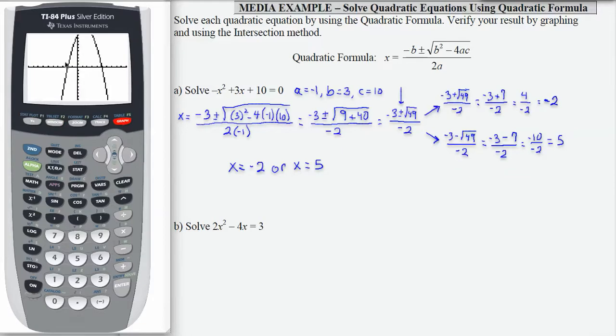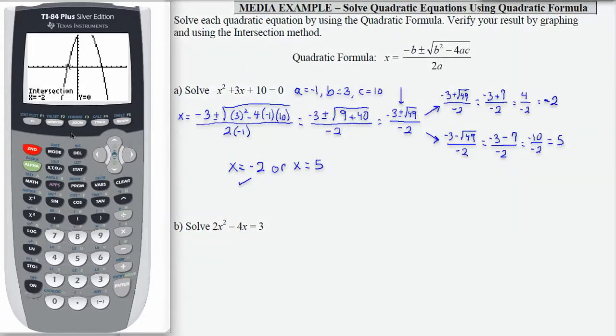I have a parabola that opens down, which is confirmed by the negative value of a. I'm going to use my second calc intersect to find one of my two intercepts. So here's a horizontal intercept at negative 2, 0, meaning x equals negative 2 is a confirmed solution.